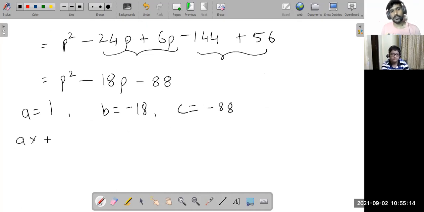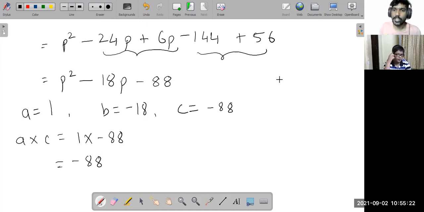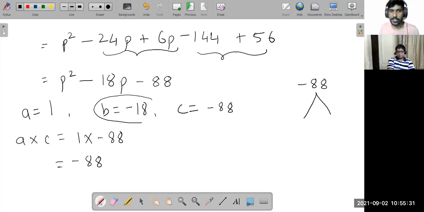Multiply A into C, so 1 into minus 88, which is minus 88. You have to split minus 88 into two numbers which on multiplying give minus 88, and on adding give minus 18. Can you think?